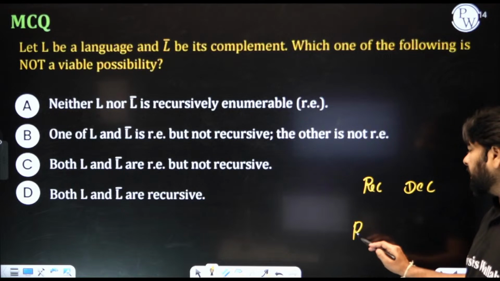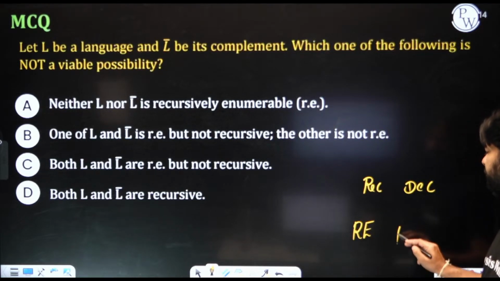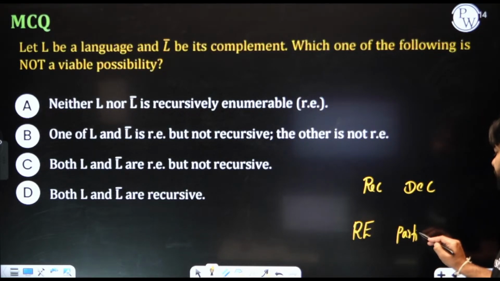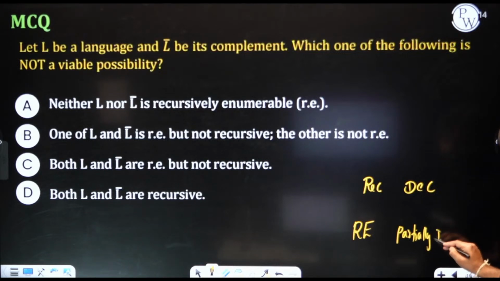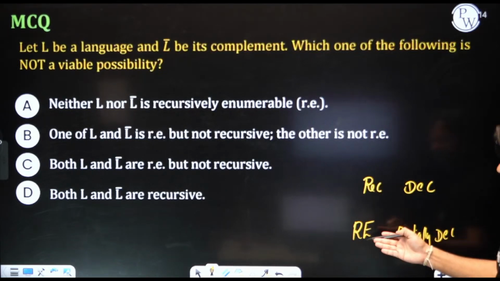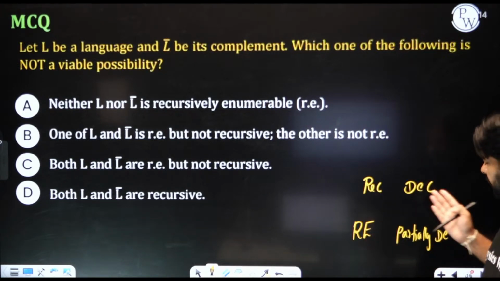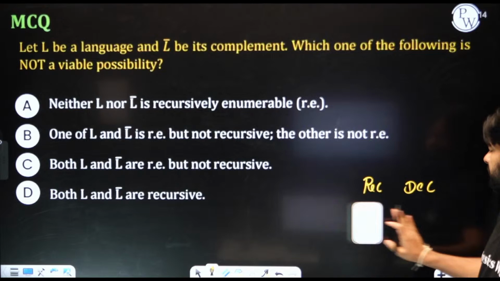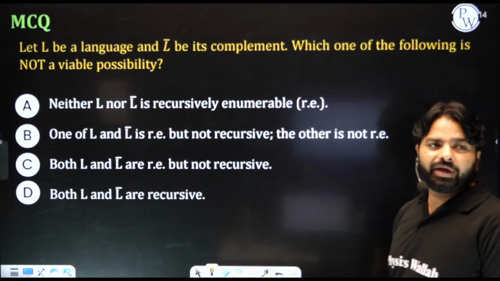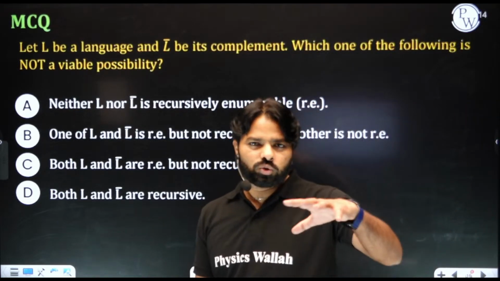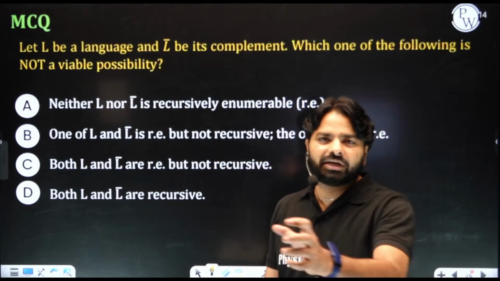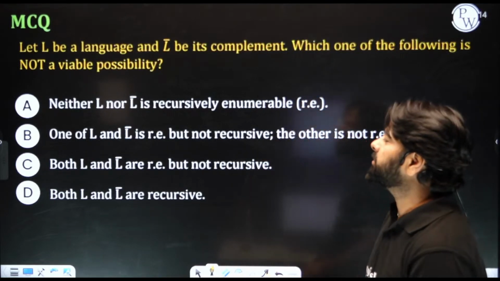But recursively enumerable is the same as partially decidable, semi-decidable. You know already recursive and RE, right? These two are just synonyms. Partially decidable is also called recursively enumerable. Just remember it that way and you can easily understand the concept.